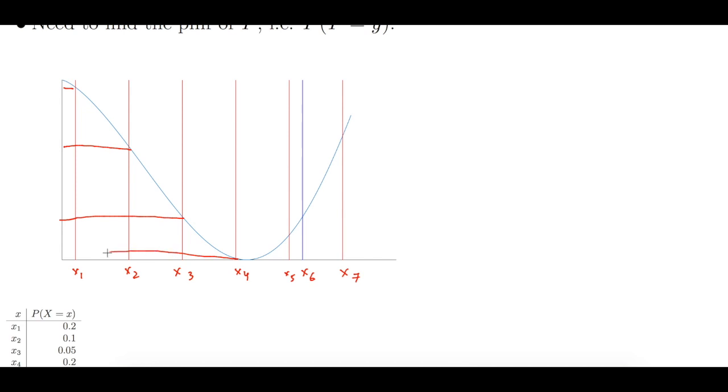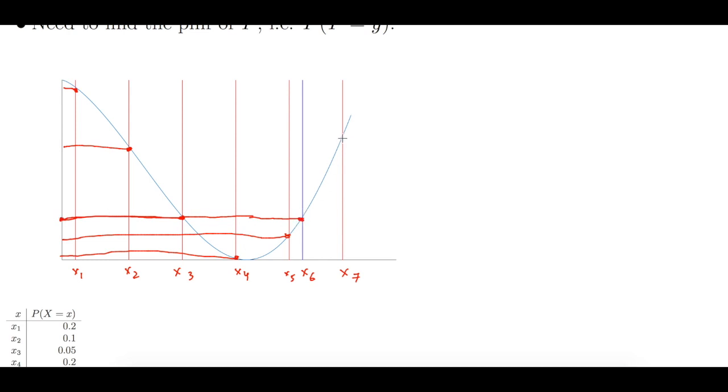My drawing is a little bit off, so we should draw it like this: here, here, and then this one and this one map to the same point.